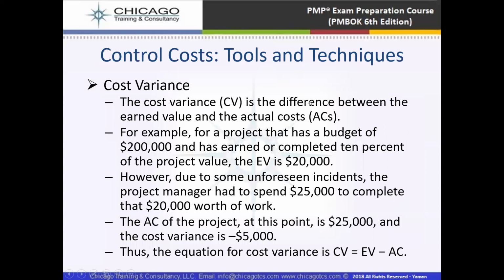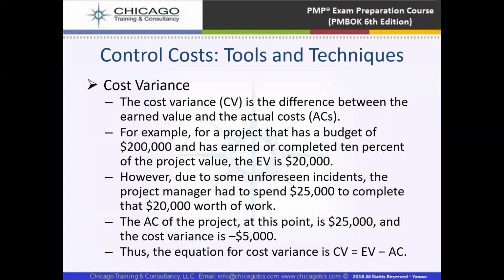Another technique is cost variance. The cost variance is the difference between the earned value and the actual cost. For example, for a project that has a budget of $200,000 and has earned or completed 10% of the project, 10% multiplied by $200,000 is $20,000.